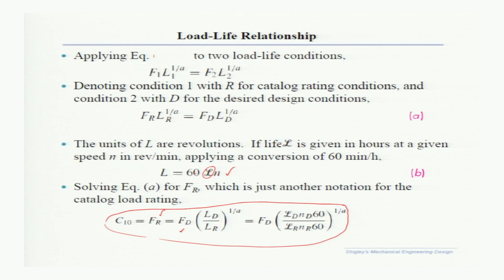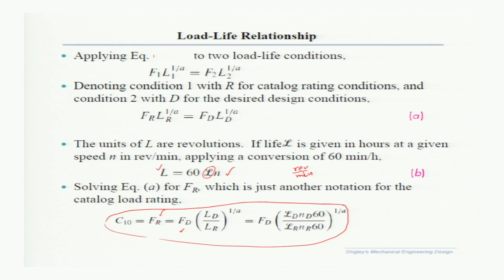So RPM, which is revolutions per minute, is multiplied by 60 to get revolutions per hour, and then the hour and hour cancel, and we have the cycles.